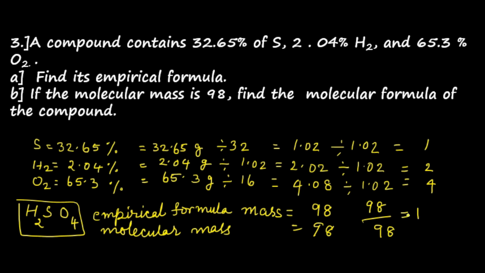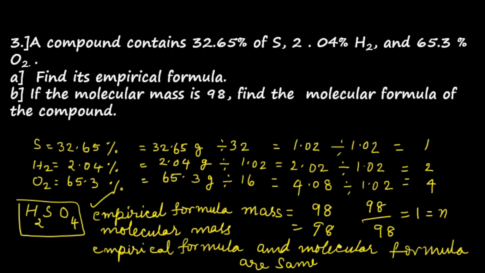The next step is we have to multiply the number of atoms shown in the empirical formula with this number, and this number is always represented as n. n is the ratio of the molecular mass to empirical formula mass. So H2SO4, H2 into 1, S into 1, O4, 4 into 1. The value will be the same. So for this compound, empirical formula and molecular formula are the same.